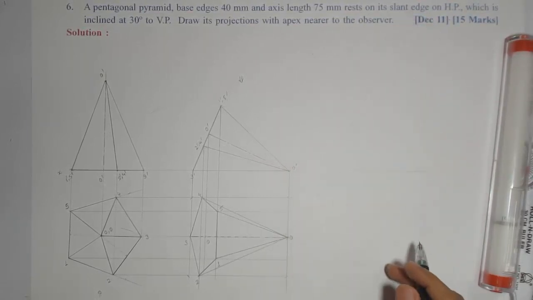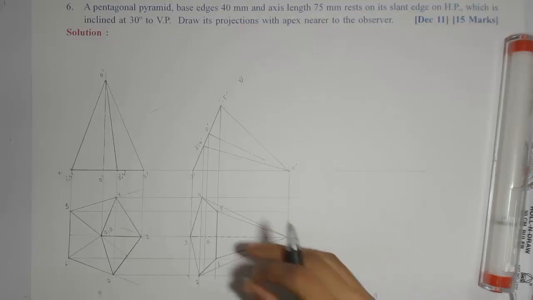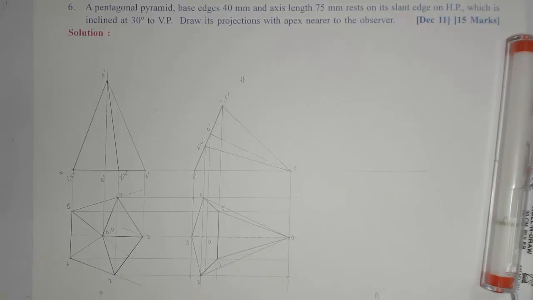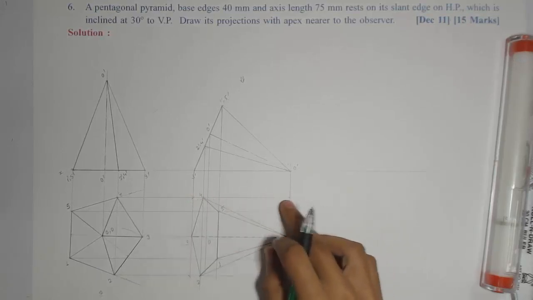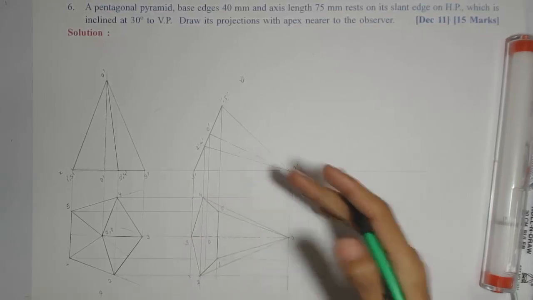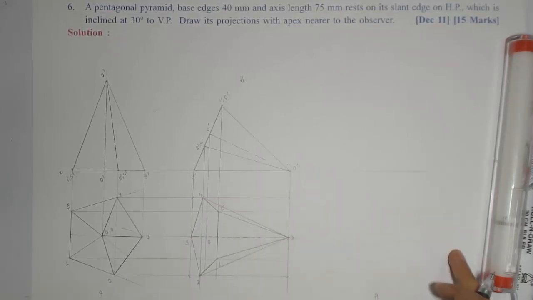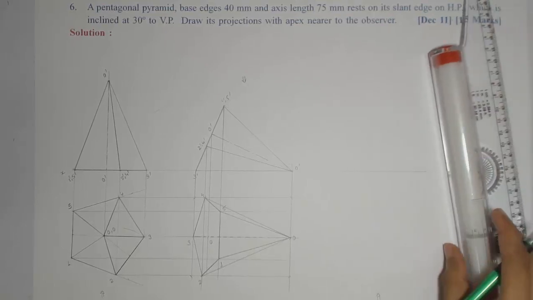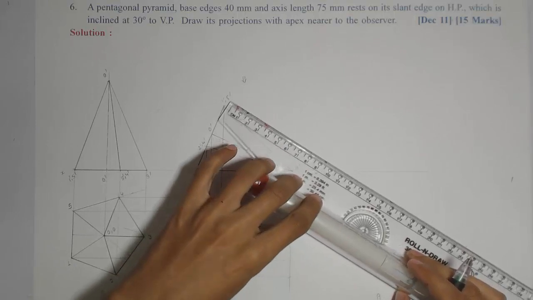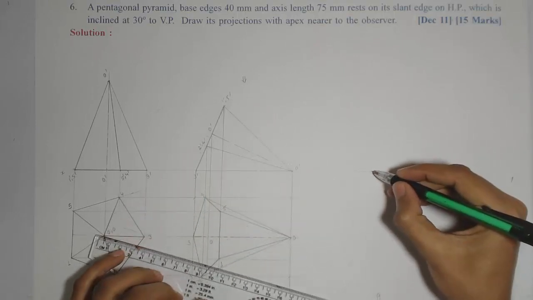This means for the final front view, the observer will look from this direction, so we need to tilt the solid in this direction so that the apex will come nearer to the observer. So this boundary of the rectangle will get tilted like this. So we need to mark 30 degrees in this manner. So first I'll mark a 30 degree angle.